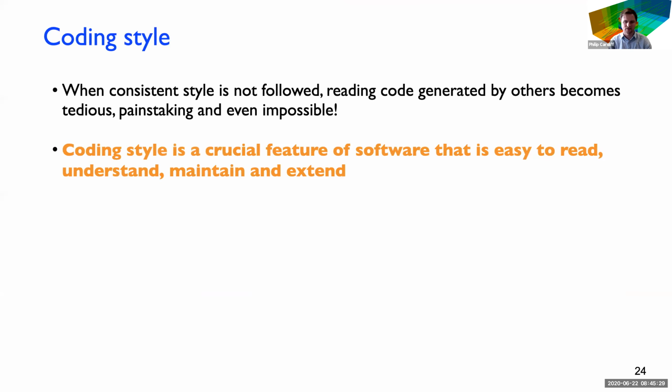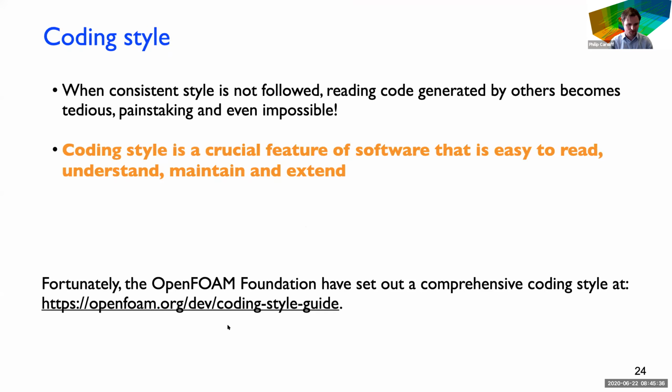Just to comment on coding style within OpenFOAM: not many people know, but the OpenFOAM Foundation actually sets out a coding style guide. Style is not something the average PhD student cares about too much when they're writing their solver. They will just write their solver and they want to get it to work.